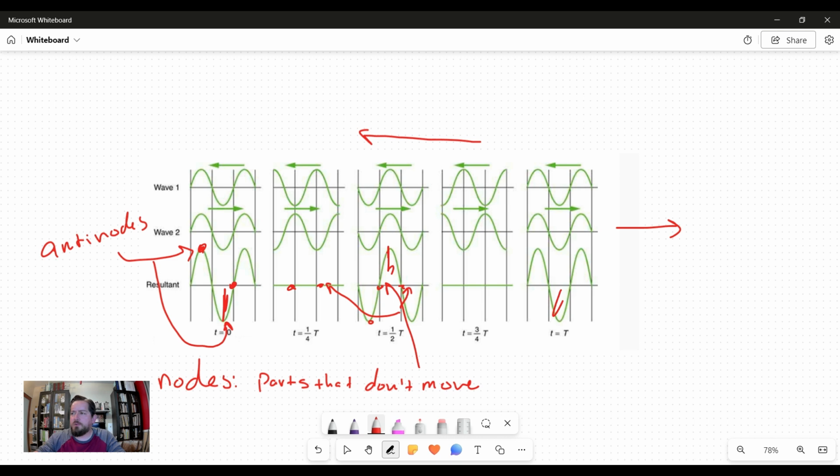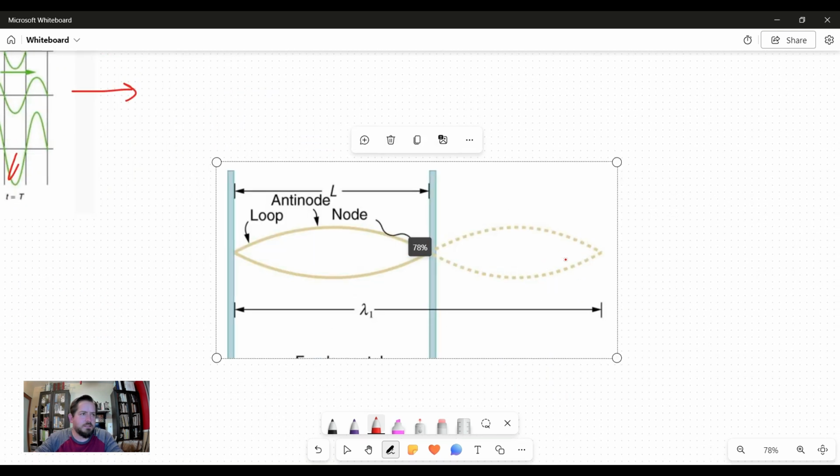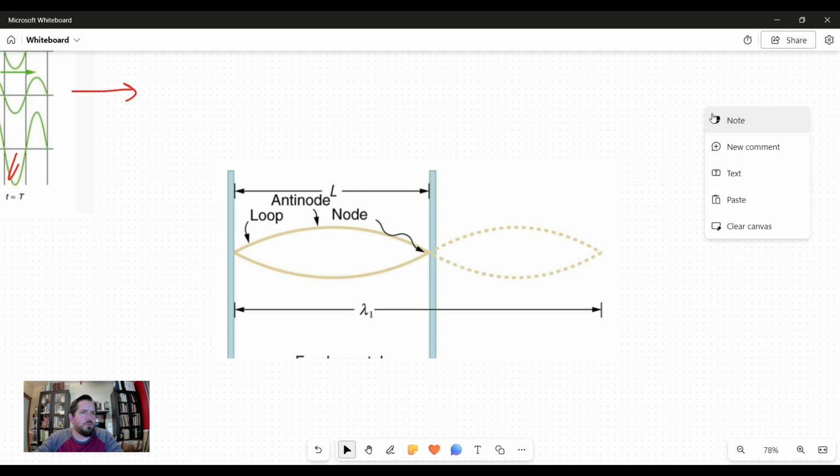We can see that happening though with a stringed instrument. It's literally a string that is bound on two sides, and you can have half a wavelength bound between the two sides of the guitar or whatever. And this very first one that fits in there, in fact, you can only have certain waves go along that string, because if it tried to have, say, a wavelength that was 3/4 of this length, it wouldn't fit in there, and the end is not going to allow motion or movement, right?